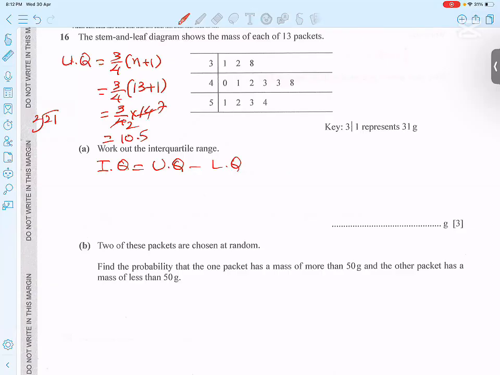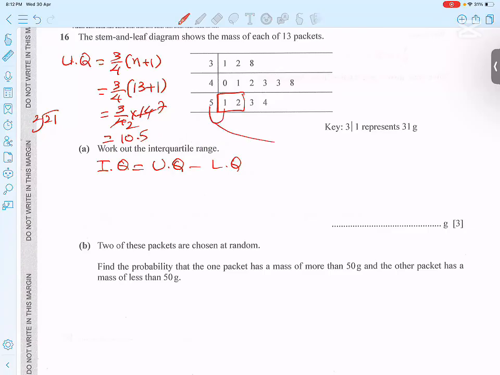I think this part is clear. So how to get this one? 10.5 actually, so 21 over 2. Yeah, exactly correct. Okay, 10.5. So 1, 2, 3, 4, 5, 6, 7, 8, 9, 10, 11. So 10.5 is basically in the middle of the 10th and 11th terms. So I will find the average of them.